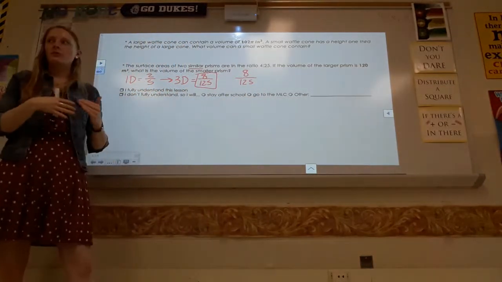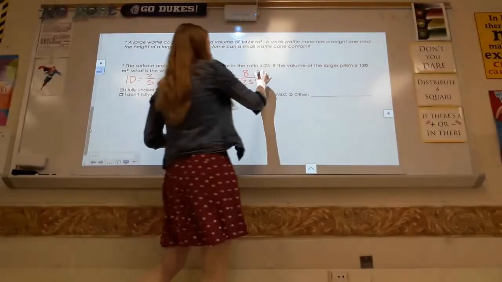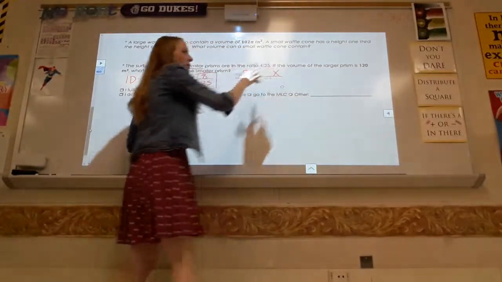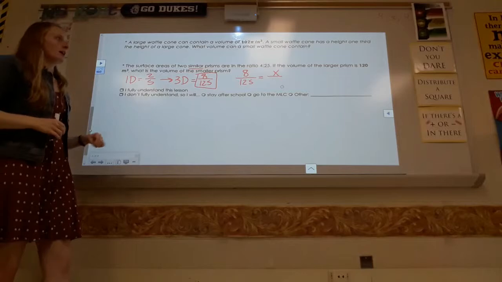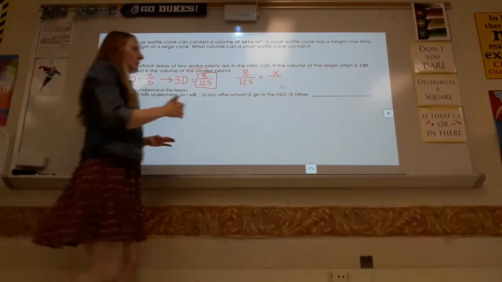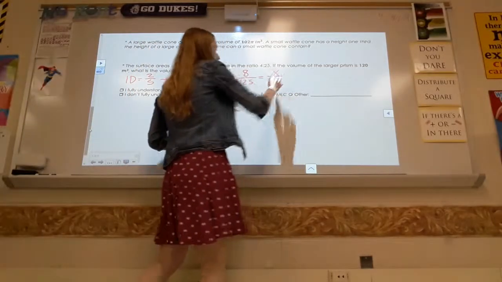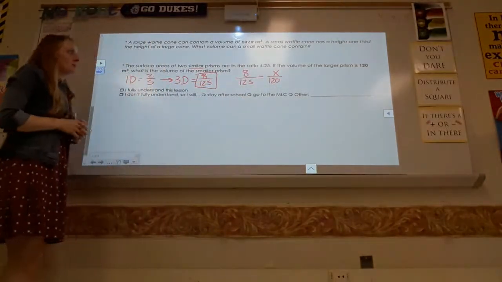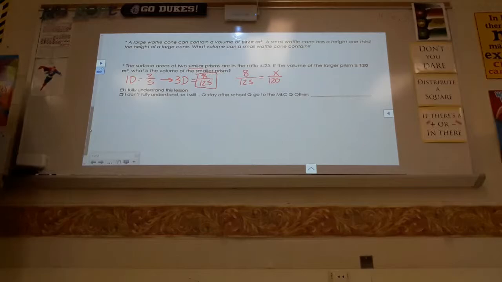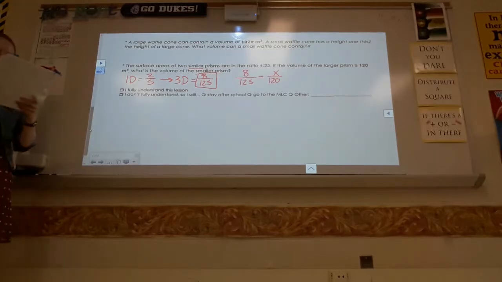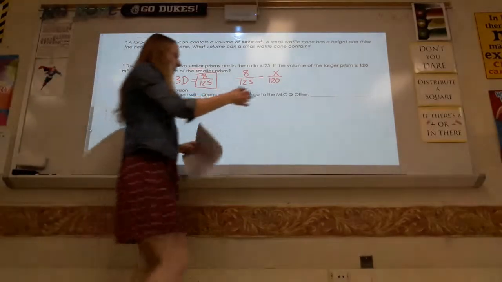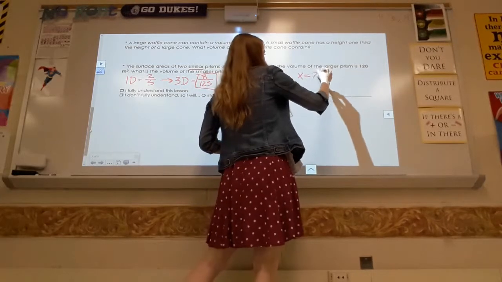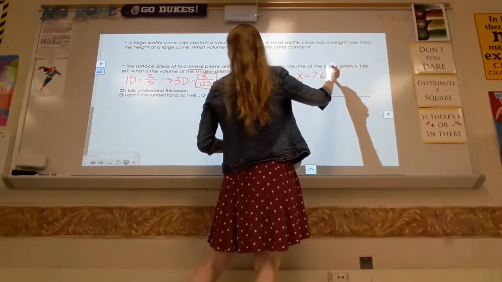Those are representative of the relationship. So I'm trying to find the smaller one, the actual volume, represented with X. Then the actual volume of the larger one is 120. This is a relationship. These are the actual numbers. So then I would set up a proportion and cross multiply this all.